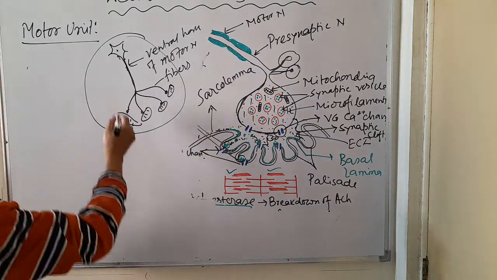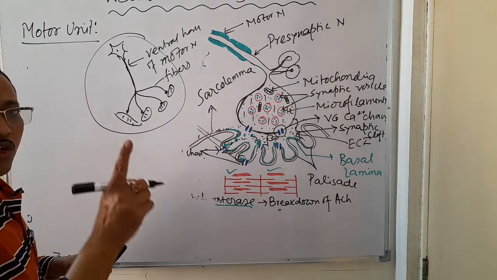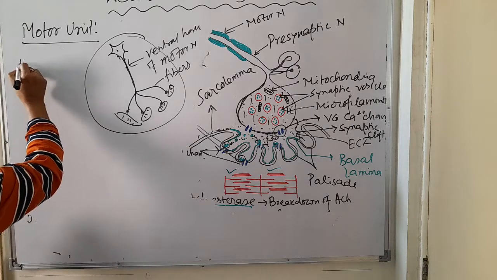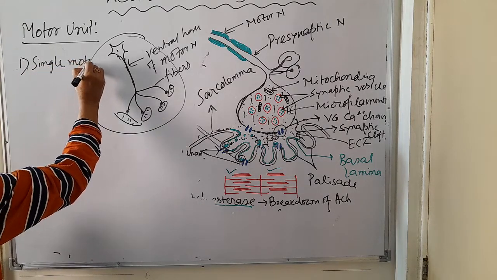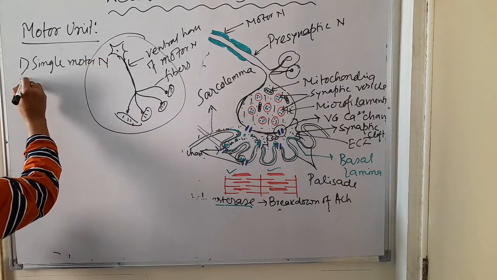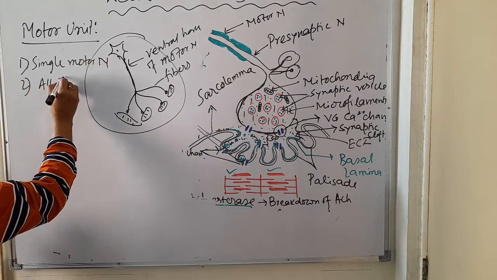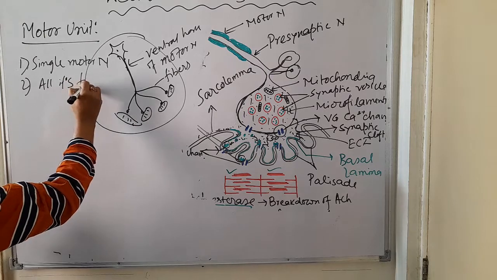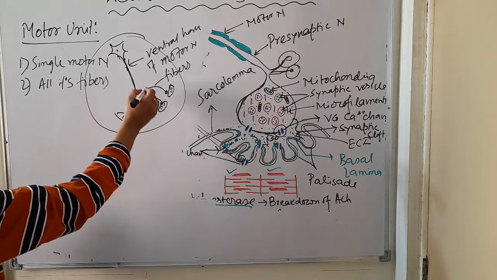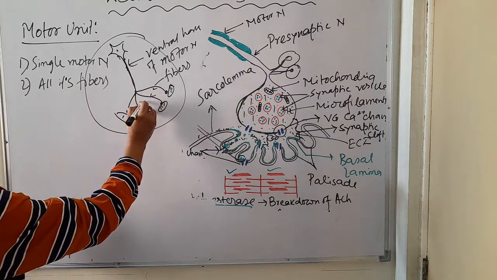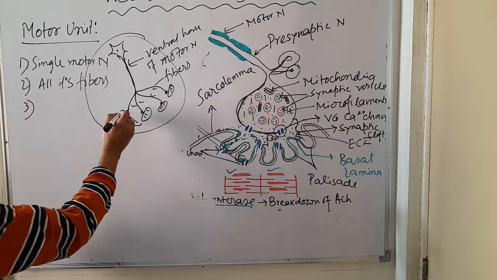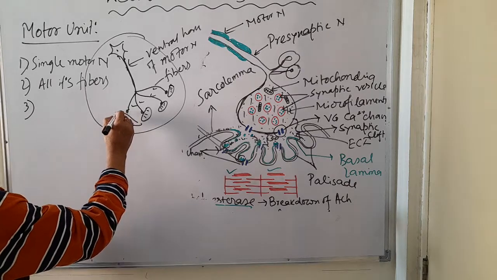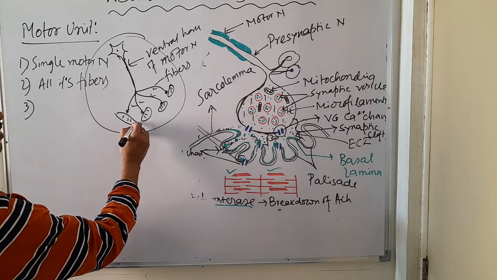So motor unit comprises, number one, a single motor neuron. Number two, all its fibers, here 1, 2, 3, 4 fibers, and finally each of the fibers gets supplied to a muscle.